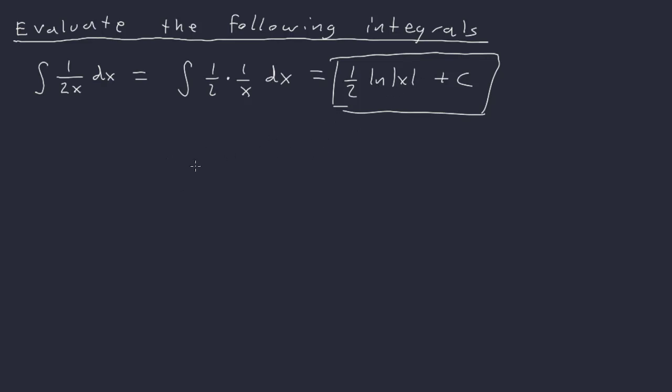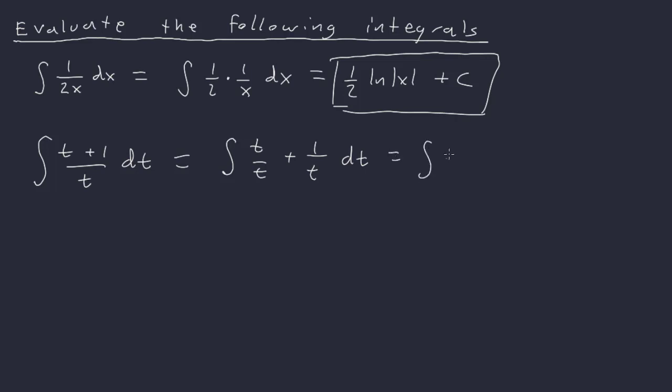All right, so as another example, we have the integral of t plus 1 all over t dt. Like before, since we don't have a quotient rule to work with, we're going to split this fraction up. So this will be the integral of t over t plus 1 over t dt.